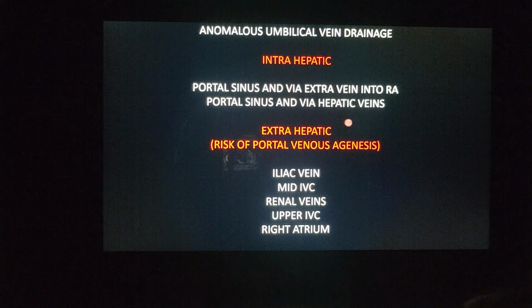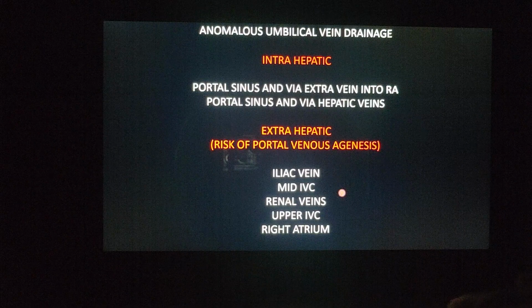So this is one way of classifying the anomalous umbilical venous drainage. So it can drain into the systemic veins either intrahepatically or extrahepatically, and this is called umbilical vein systemic shunt.